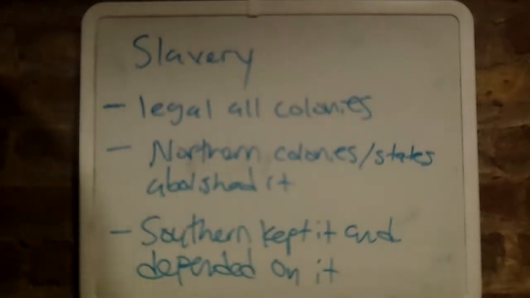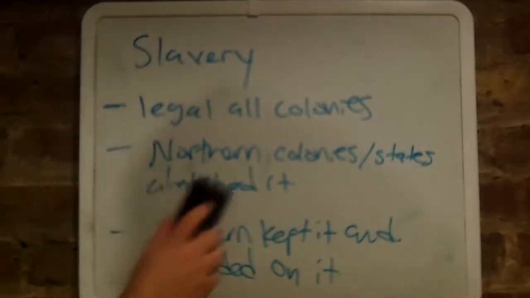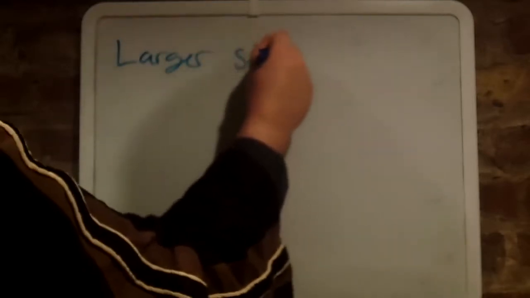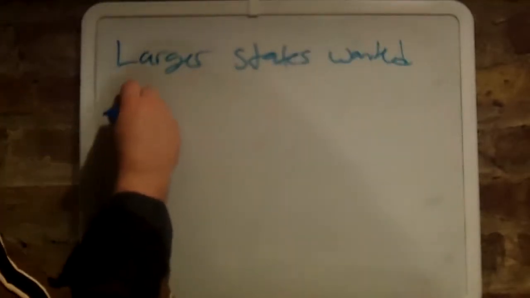And this caused a problem during the writing of the Constitution, because one of the issues during the writing of the Constitution was how the national legislature would be organized. So there was the larger states wanted proportional population.